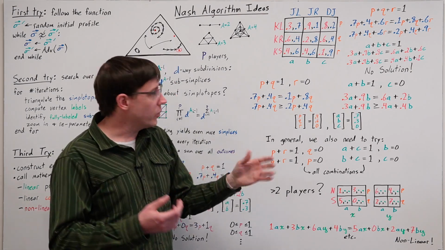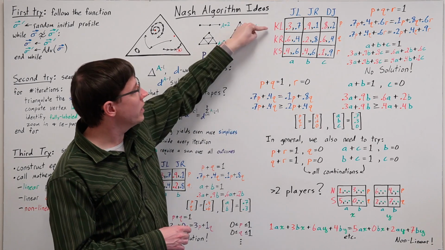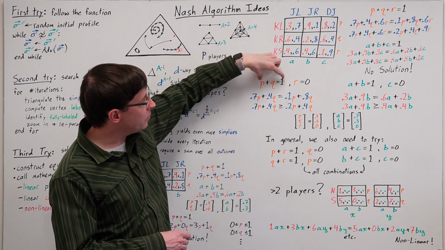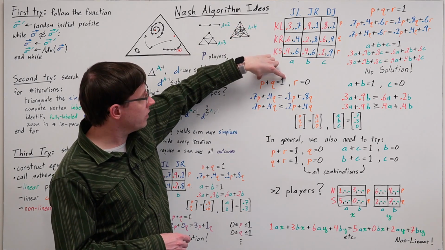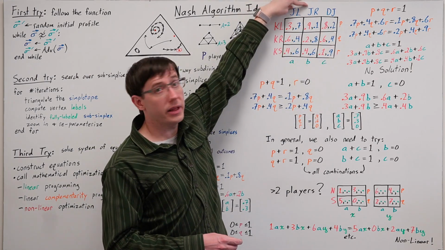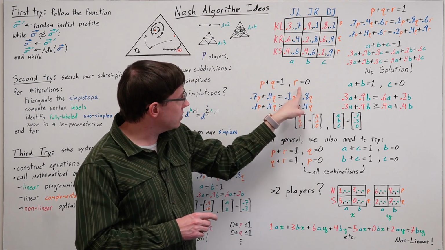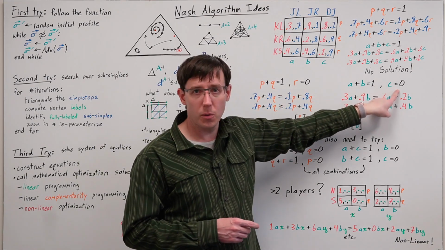support. So here I have a set of equations that corresponds to kick left and kick right being in player 1's support, and jump left and jump right being in player 2's support, while the other actions have probability 0.